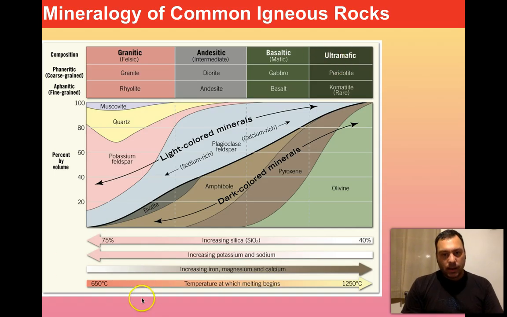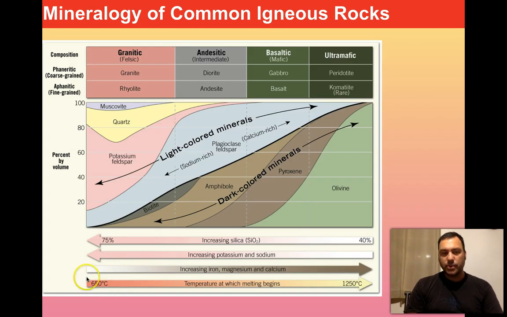Okay? And of course, the temperature. This is really important to keep in mind. This temperature bar down here at the bottom, 650 degrees Celsius, is the melting point for rocks of this composition, which is a large amount of quartz, a large amount of potassium feldspar, but not a whole lot of mafic minerals. It melts at about 650 degrees Celsius. That's the temperature at which it starts to melt, right?